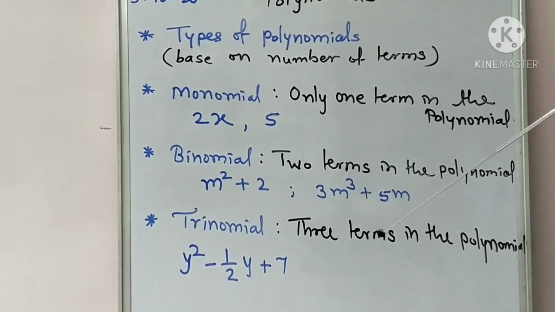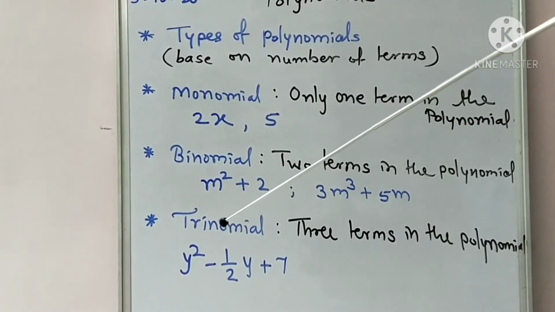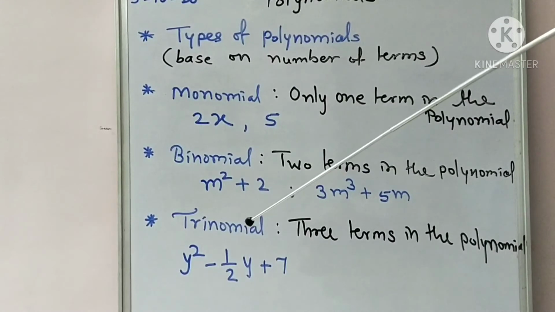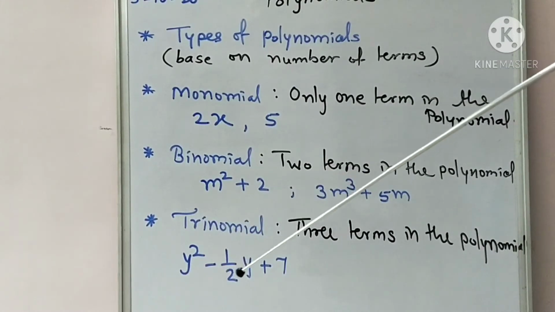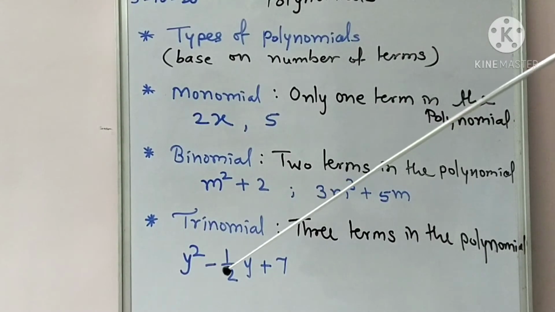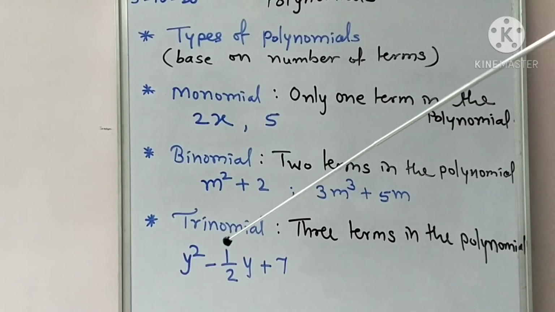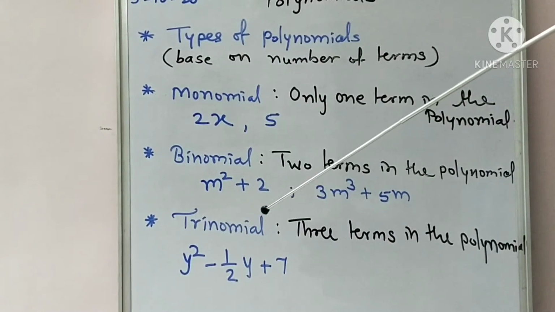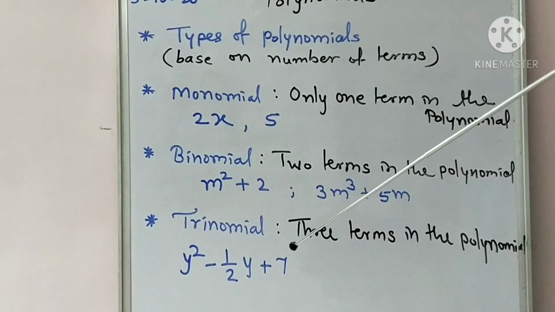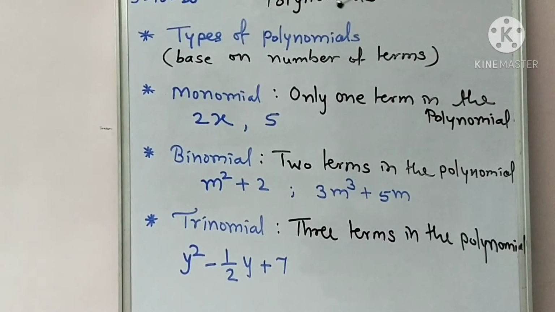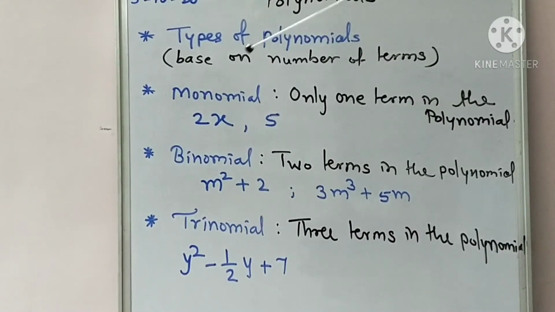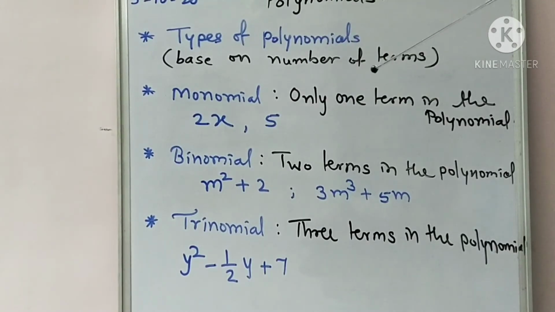If there are three terms in the polynomial, then it is known as a trinomial. Here in this example, as we count, there are three terms, so this polynomial is a trinomial. And if more than three terms are there, then they are all polynomials too. Monomial, binomial and trinomial are also polynomials. These are the types of polynomials on the basis of the number of terms. Understood students?